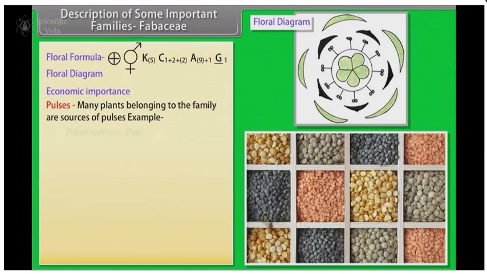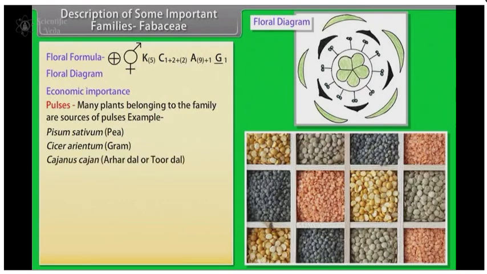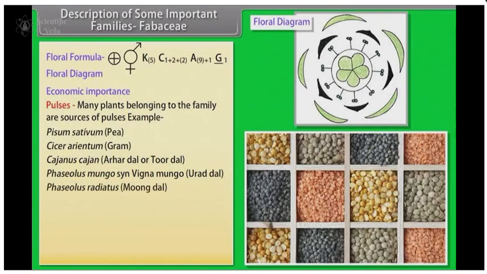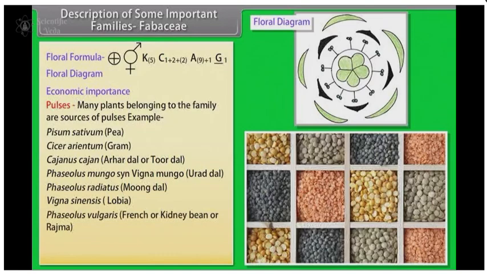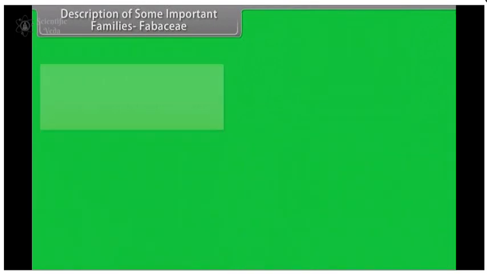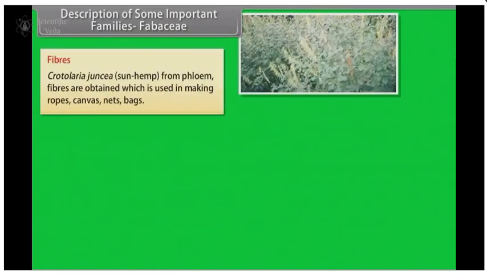Example: Pisum sativum, pea; Cicer arietinum, gram; Cajanus cajan, arhar dal or tur dal; Phaseolus mungo, Vigna mungo, urad dal; Phaseolus radiatus, mung dal; Vigna sinensis, lobia; Phaseolus vulgaris, French or kidney bean or rajma; Lens esculenta, masoor dal; Lathyrus sativus, khesari dal. Fibers: Crotalaria juncea, sunhemp.